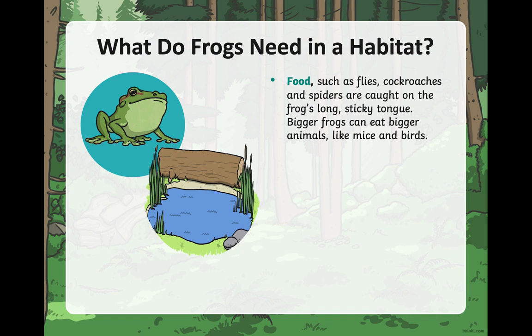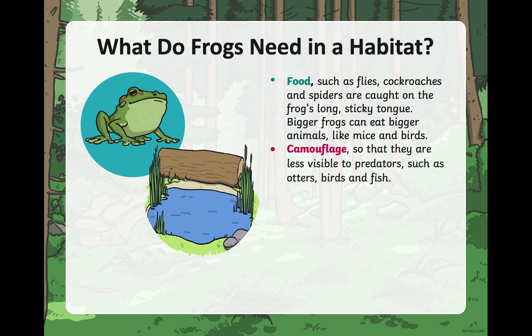Let's talk about frogs, okay? They eat insects such as flies, cockroaches, and spiders. They are caught by the frog's long, sticky tongue. The bigger frogs can eat bigger animals like mice and birds, right?